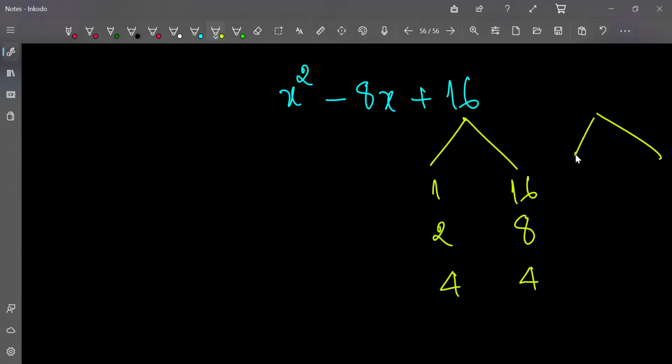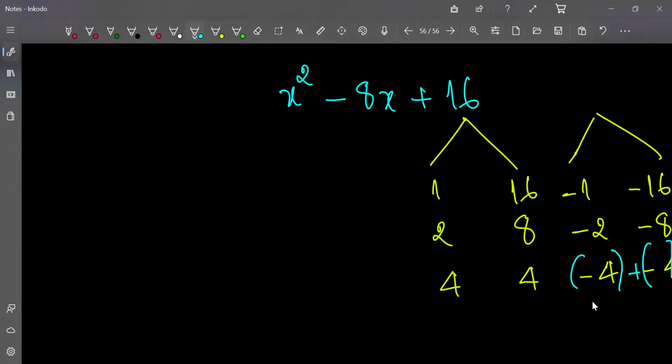And you can change the sign of our factors: negative 1 and negative 16, negative 2 and negative 8, negative 4 and negative 4. So now let's find which pair adds up to negative 8. Yeah, this is the last pair. It's negative 4 and negative 4 because negative 4 plus negative 4 is negative 8. So our expression becomes (x minus 4)(x minus 4).